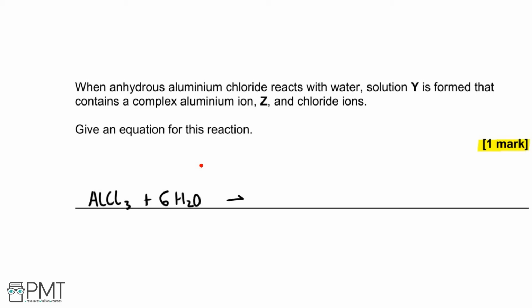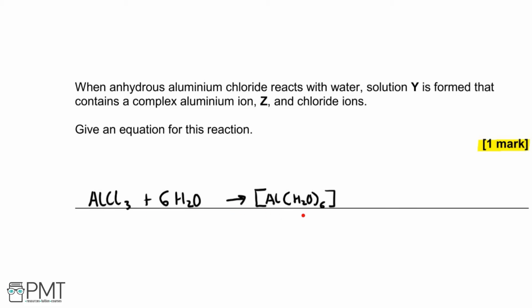Now, like the question tells us, this forms a complex aluminium ion, so this is going to be a hexaaqua ion. We are going to see that we have our aluminium followed by 6 water ligands, so Al(H2O)6. Now this aluminium, like it says, is an ion. We can look at the oxidation state from the aluminium chloride to determine what the charge in this ion is going to be. Each of these chlorides has an oxidation state of -1. So for this to be a neutral compound, that aluminium must have an oxidation state of 3+.